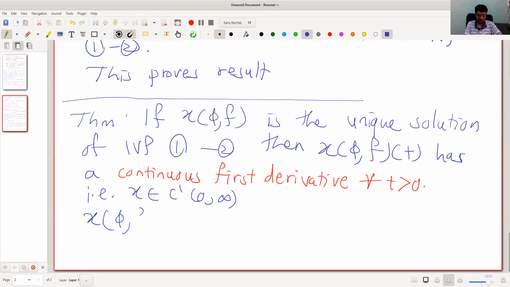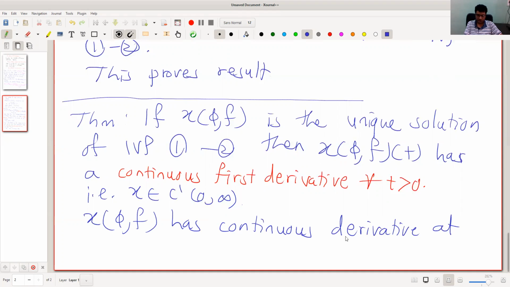x of phi f has continuous derivative at t equal to 0 if and only if phi of theta has a derivative.